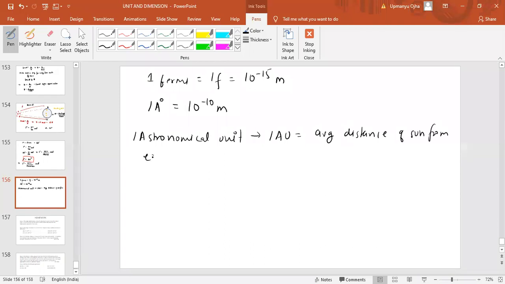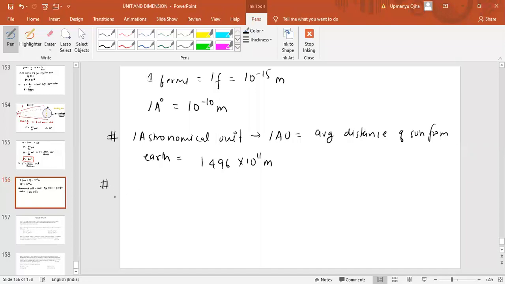The average distance of the Sun from the Earth is 1 astronomical unit, whose value will come as 1.496 into 10 to the power 11 meters. That is 1 astronomical unit.